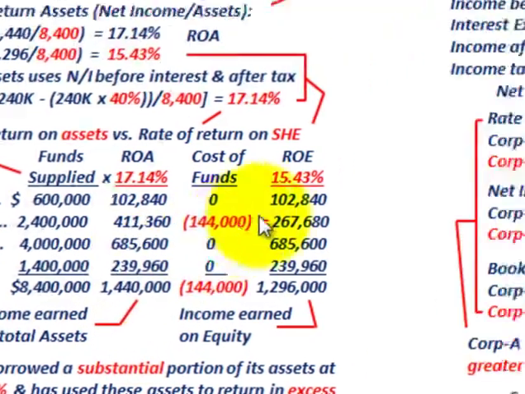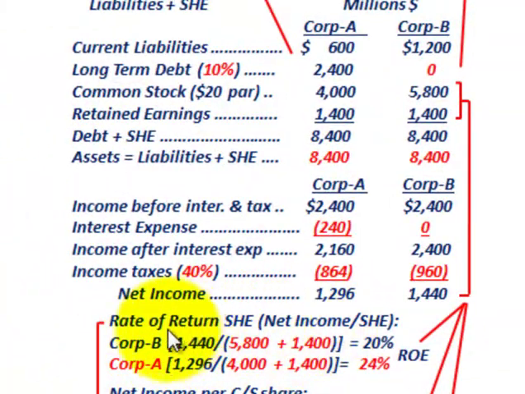Okay, so now let's look at our other rates of return. So let's look at the rate of return on shareholders' equity, and that's simply our net income divided by shareholders' equity. And again, we're going to be comparing Corp A and Corp B. So for Corp B, we're talking about that net income, $1,440,000 divided by the shareholders' equity.